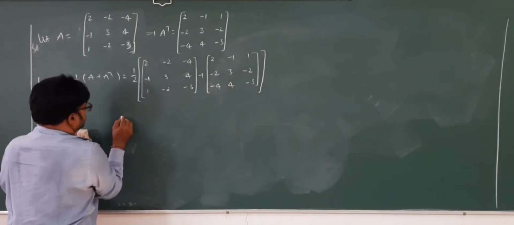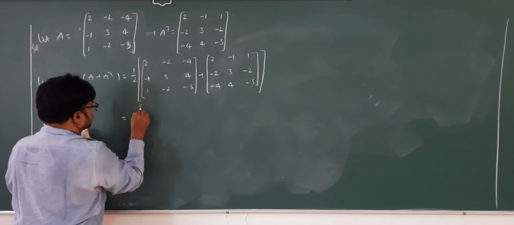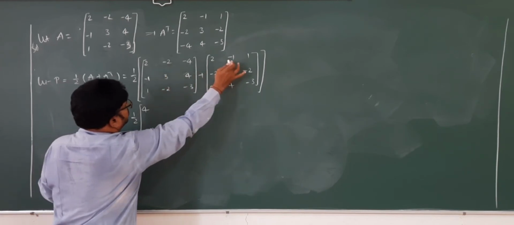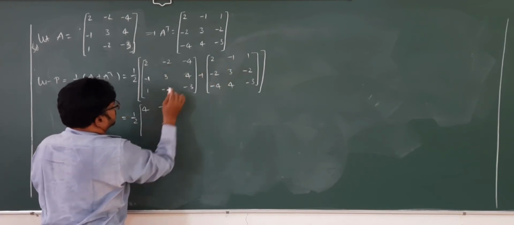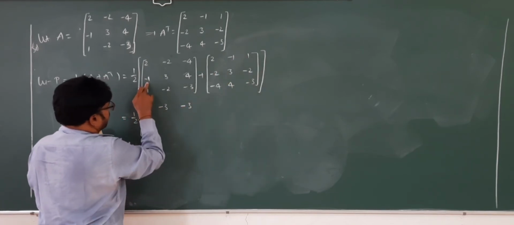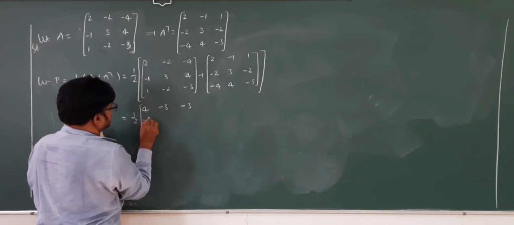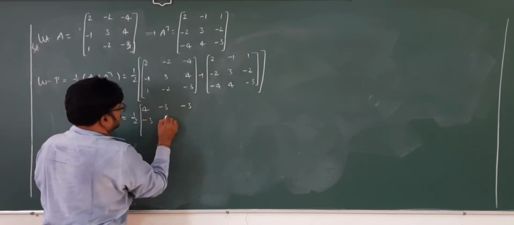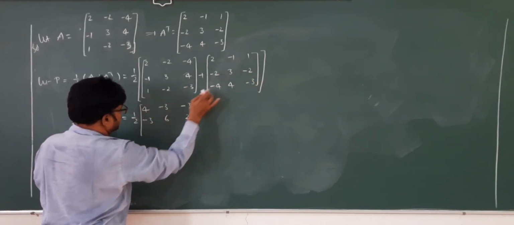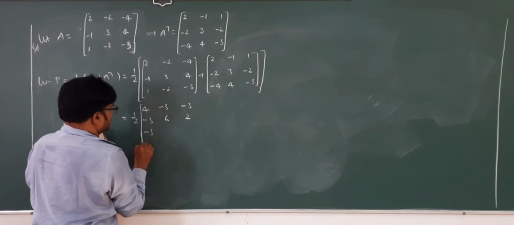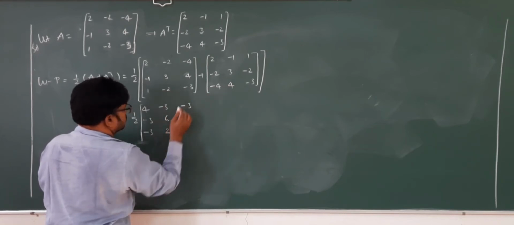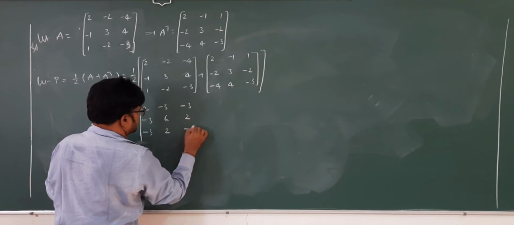Now this is 1/2 into 2 plus 2 is 4, -2 minus 1 is -3, -4 plus 1 is -3, -1 minus 2 is -3, 3 plus 3 is 6, 4 minus 2 is 2, 1 minus 4 is -3, -2 plus 4 is 2, and -3 minus 3 is -6.